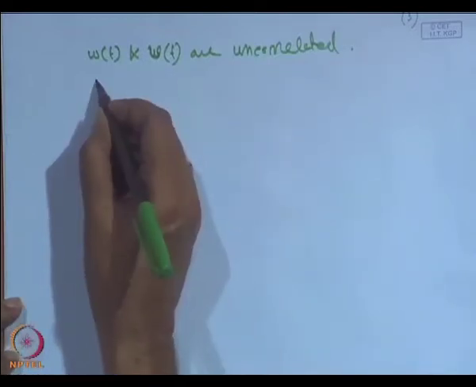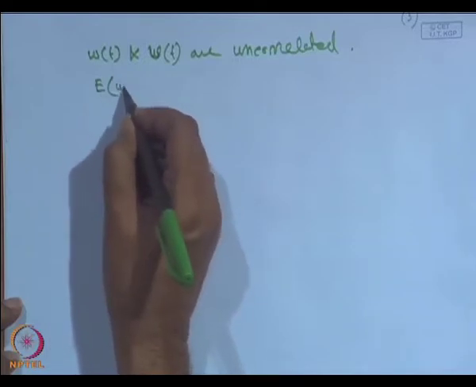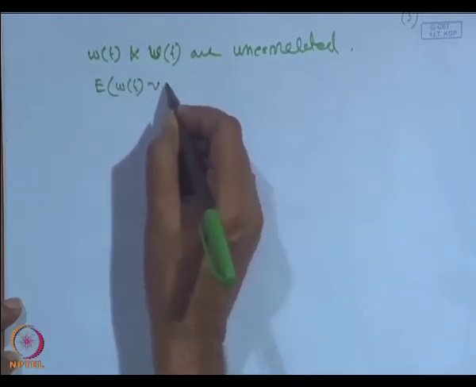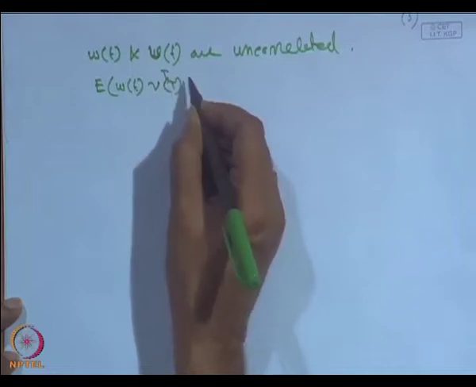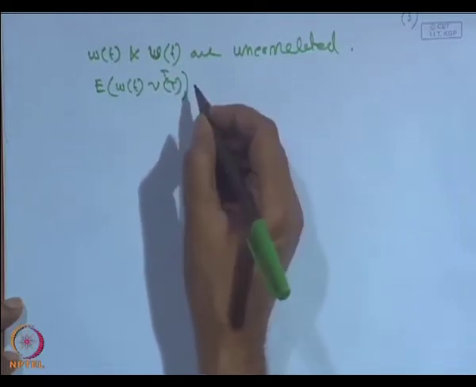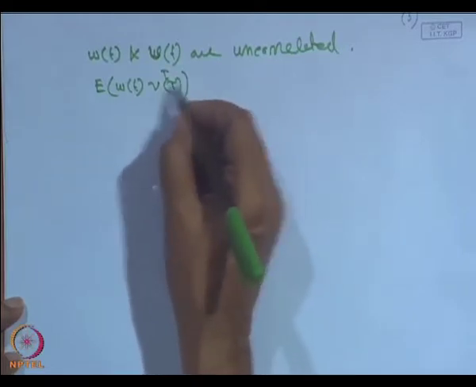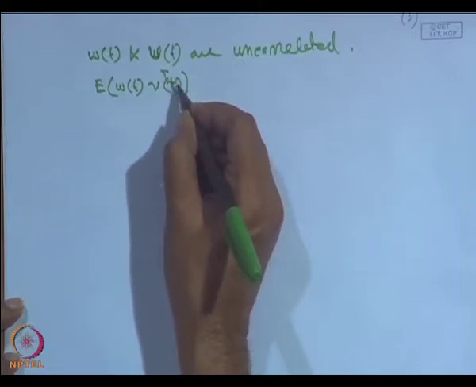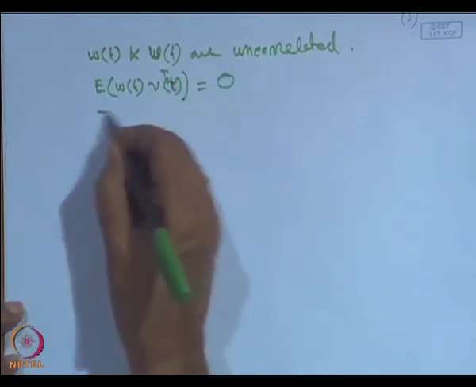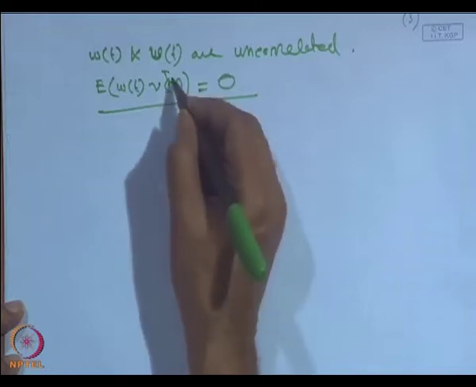And uncorrelated, how will you define it? W of t, V transpose of tau is equal to 0. They are uncorrelated for all t.